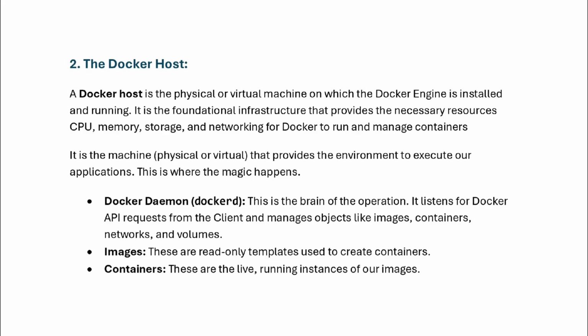The Docker engine uses namespaces to provide an isolated workspace for each container. That ensures each container has its own view of the operating system, including separate process IDs, network interfaces, and mount points.